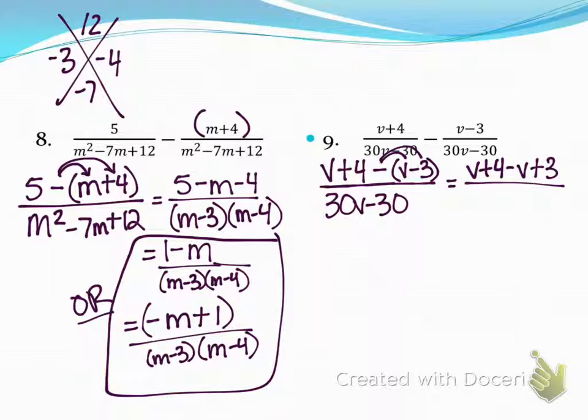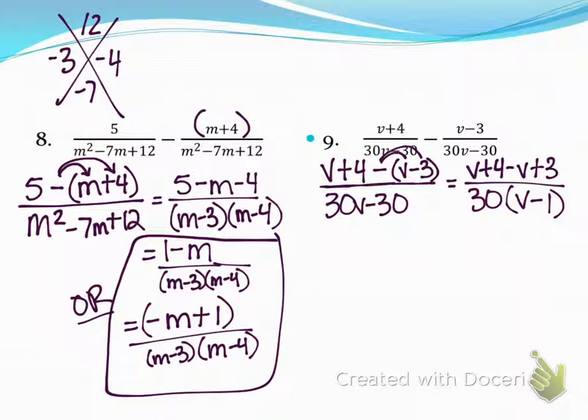Now you could either factor your denominator now, or you can wait till the next step. What do you want to do? Now or later? Go ahead and do it now. What can I factor from my denominator? 30 as a GCF, and what's left? V minus 1. Good.